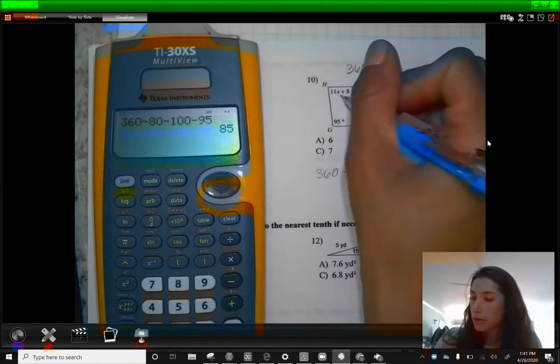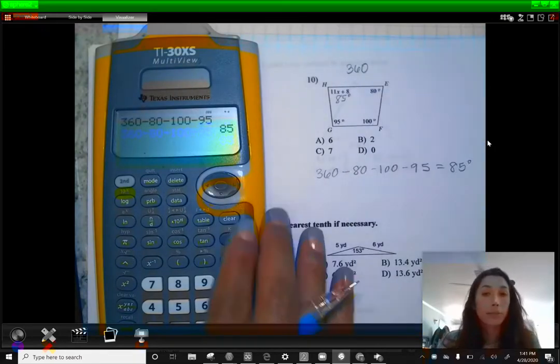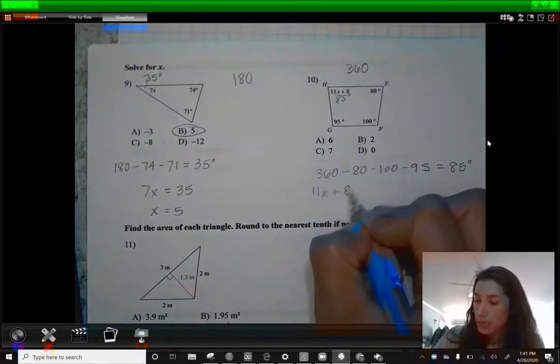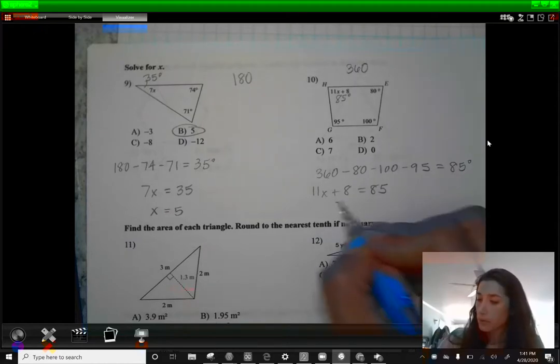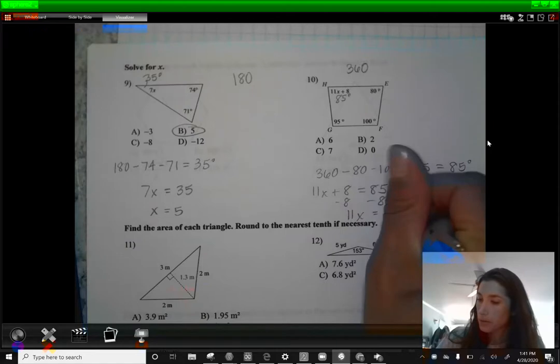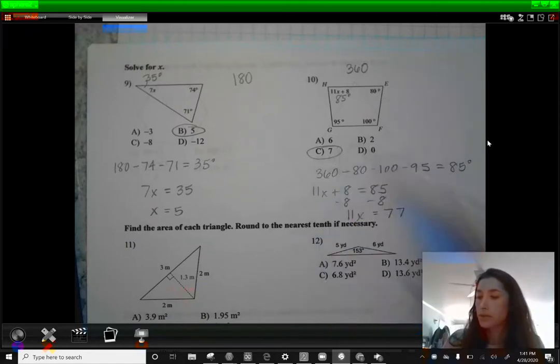So this angle here has to equal 85 so that all four of these are going to add up to 360. And then we could just say 11x plus 8 equals 85. So subtract 8 on both sides. 11x equals 77, divide by 11, and we get x equals 7.